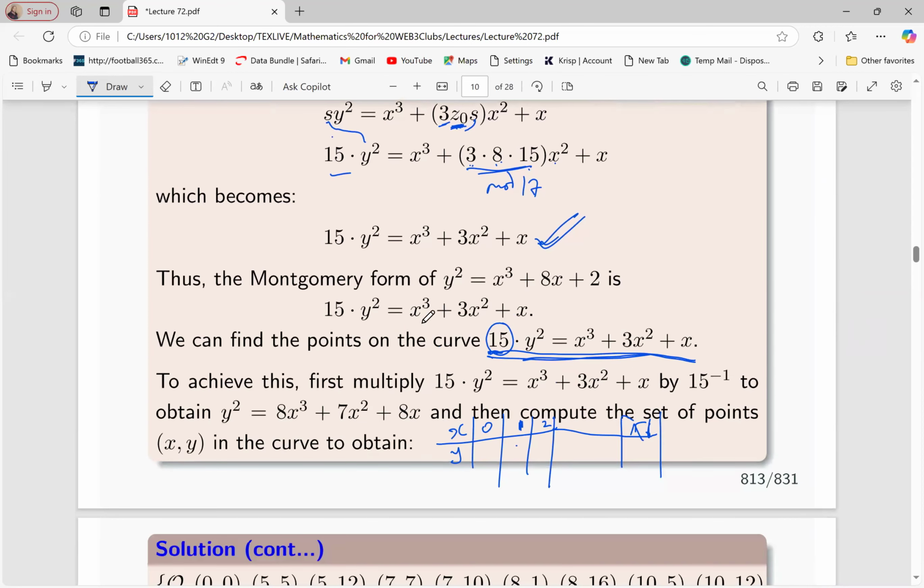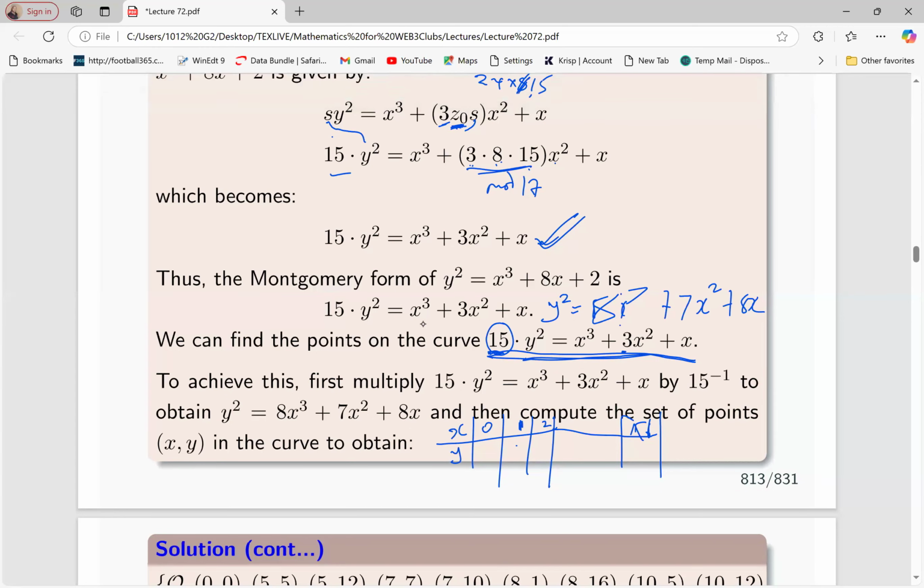When you multiply by the inverse on both sides, you come up with this: 8x cubed plus 24, then plus 8x. When you have this, it's easier to find y.